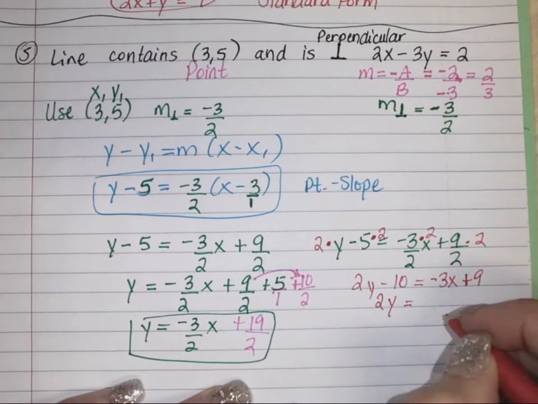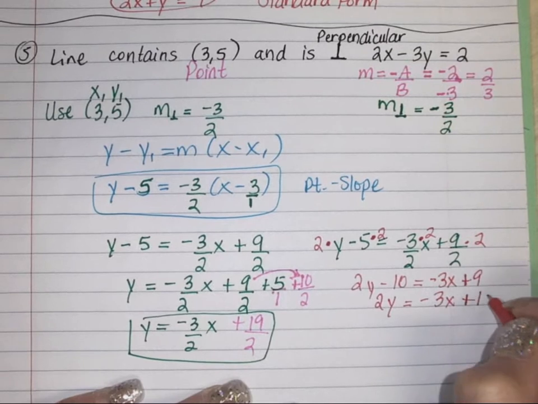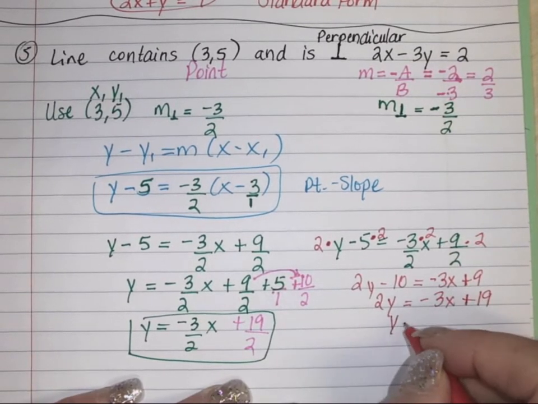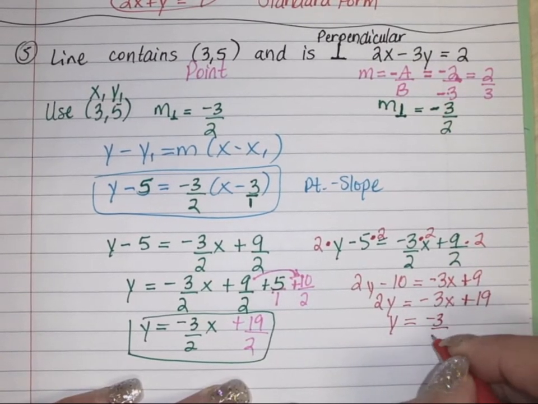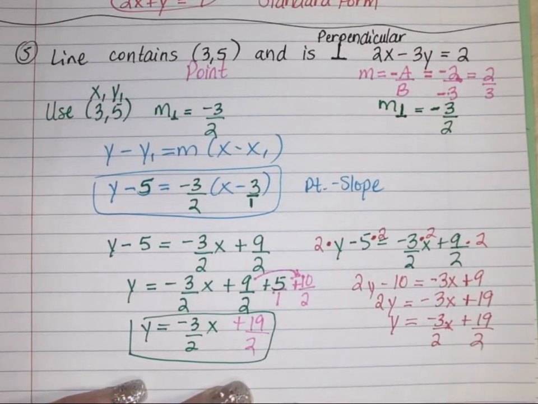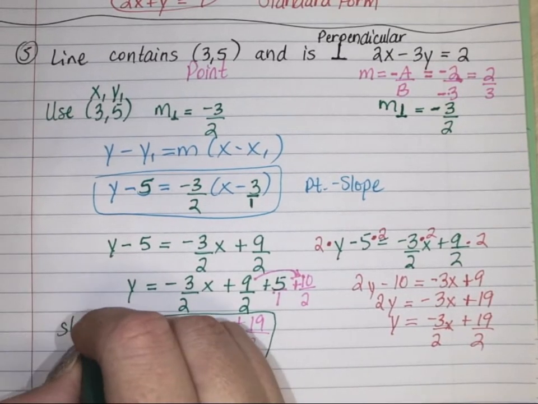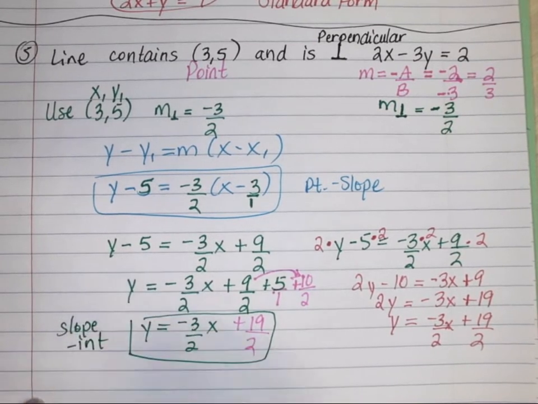Then you would add 10, and you would get 19. And then you would divide through by 2, so you get negative 3/2 x plus 19 over 2. So either method, if you want to work with the fractions, that's fine, or if you want to clear them, that's fine. But this would be your answer in slope-intercept.